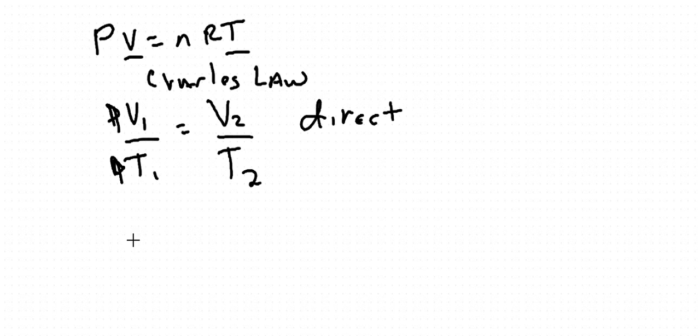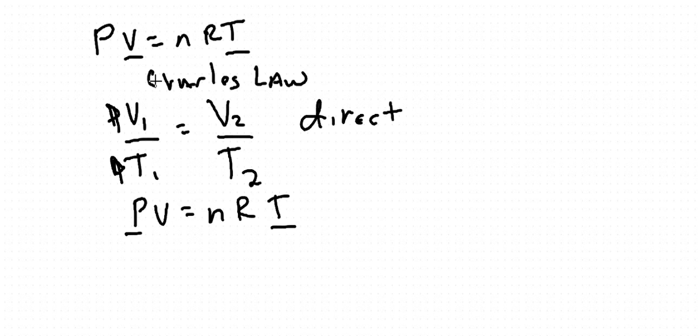Now I'm going to write my ideal gas law again. PV is equal to nRT. And I'm going to hold everything constant except for those two variables. So how are P and T related to one another?